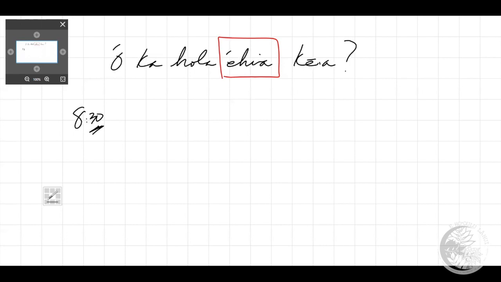Or hapalua, which means half, hapalua Hola ʻEvalu, 8:30.